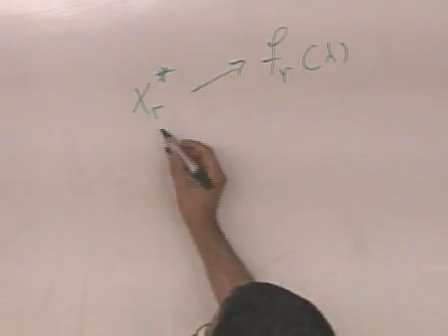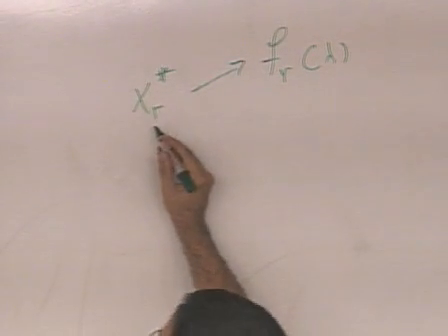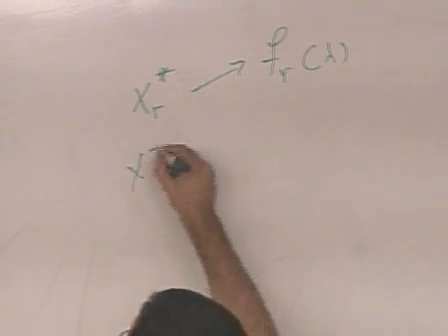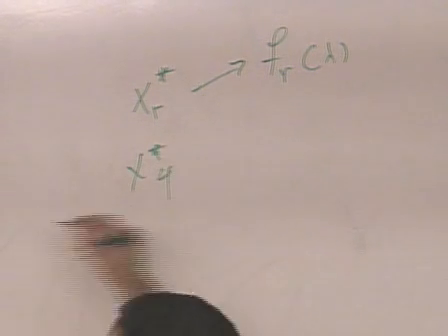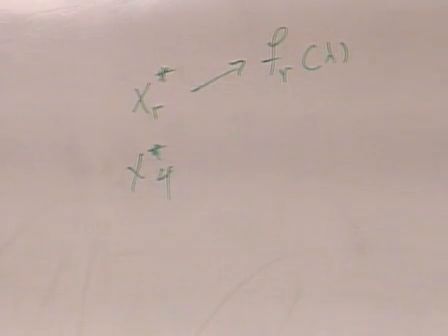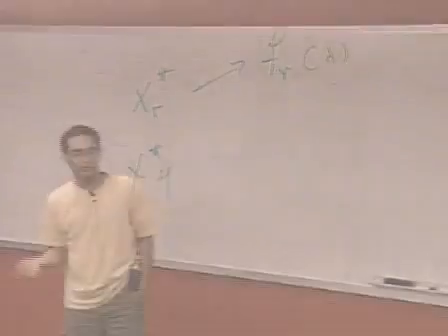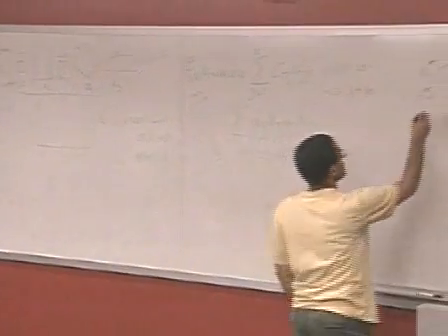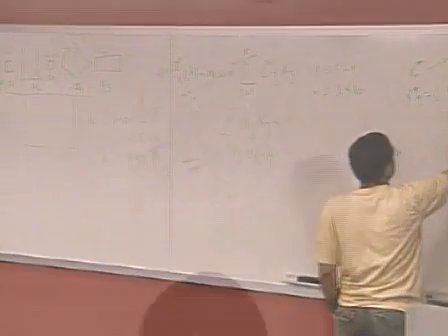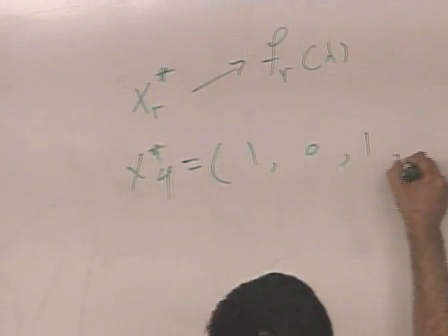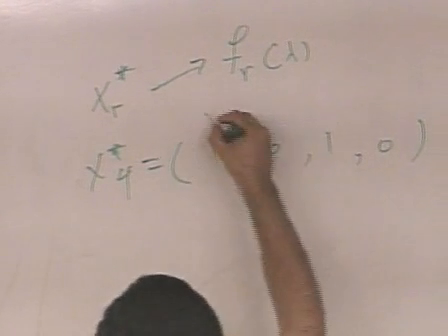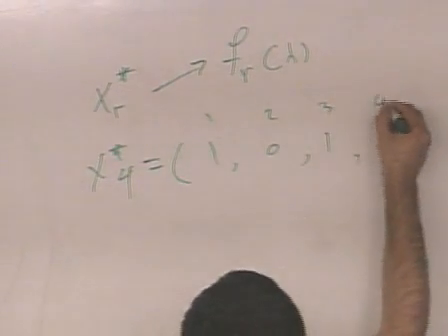Now, what is x star r? x star r is, let's say, x star 4 in our problem. It is a vector which tells you which one of these 4 items to put there or not to put there. So it would be a vector which looks like this: 1, 0, 1, 0. So first item, second item, third item, and fourth item.